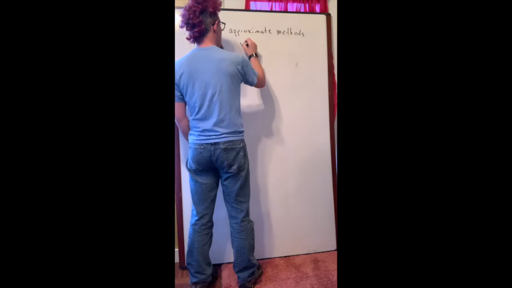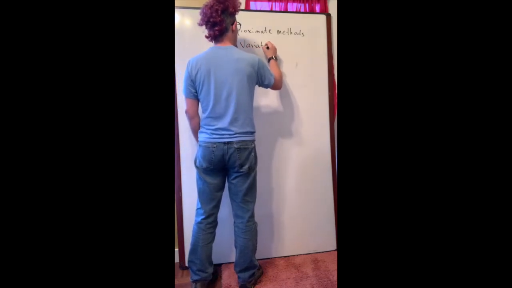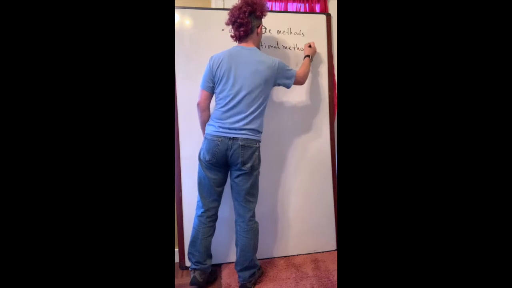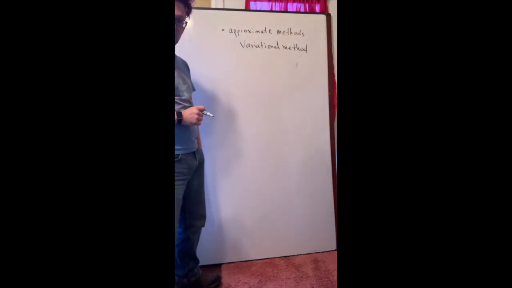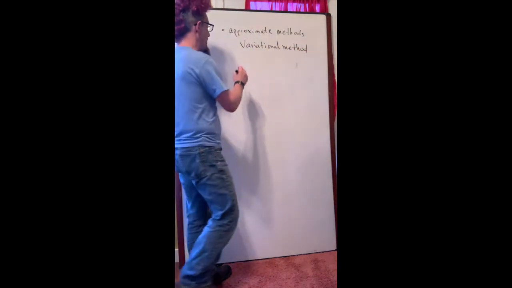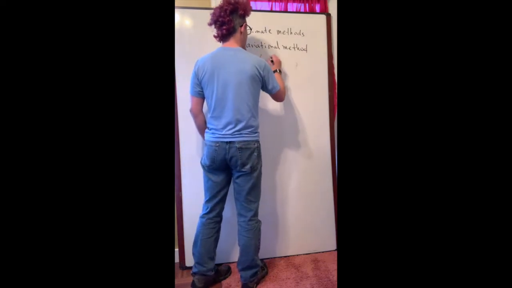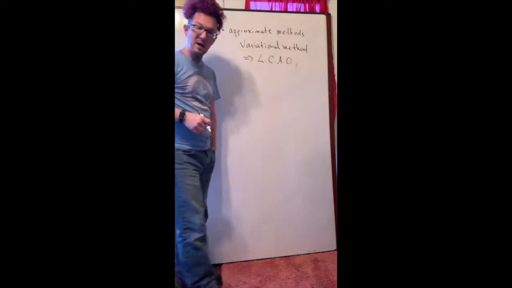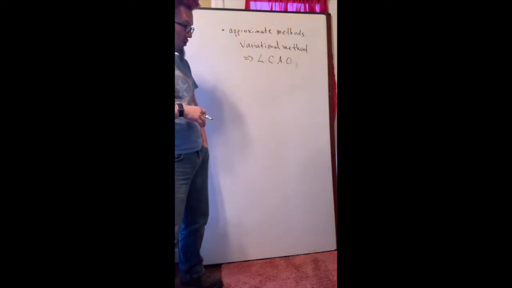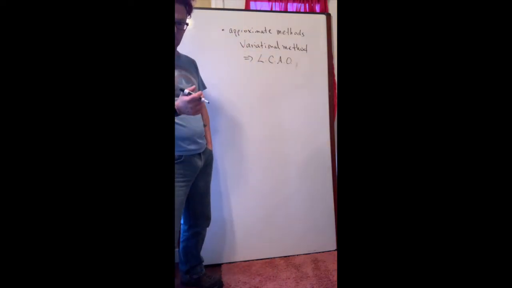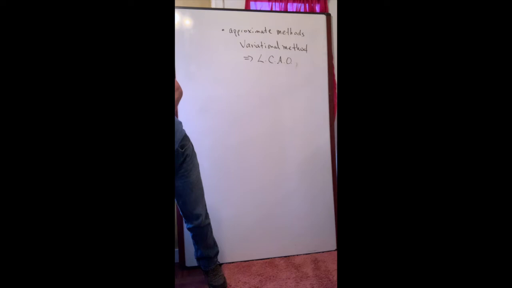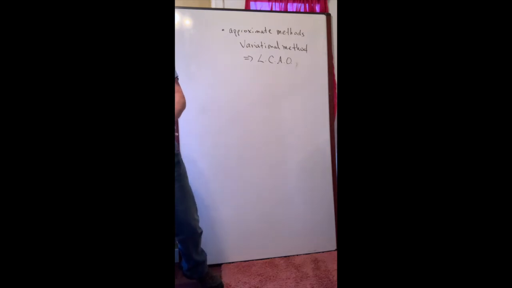The one we'll look at will be the variational method. And this will lead us to things that you'll remember from chemistry, like the linear combination of atomic orbitals scheme to figure out how molecular orbitals work. That is the point where we're pretty much going to stop and say, now the chemists do a much better job of this, but we can get right up to their doorstep and figure out how most of these things work.